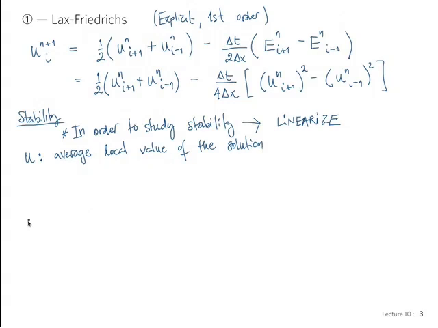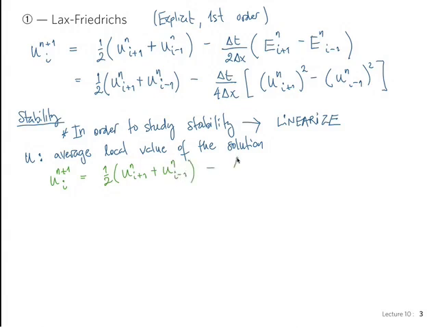And then we're going to write this, from here, U^(n+1) at i is equal to, again, this average U^n_(i+1) plus U^n_(i-1).